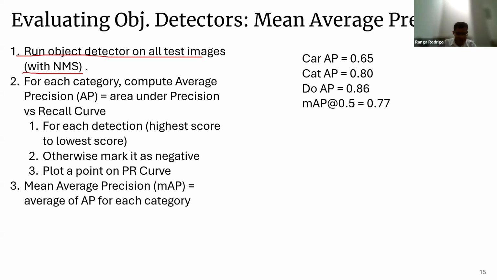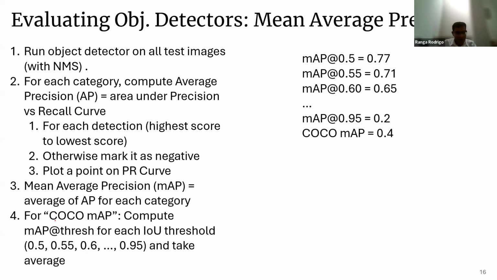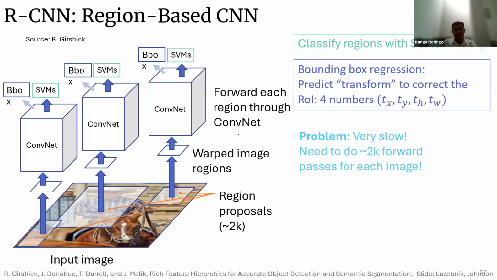I will not go through this process in detail. Mean average precision is the average precision over each category. For COCO, we have to compute the mAP at all these thresholds, and COCO mAP is a different one. Otherwise, you specify an IOU number. That's how you do this.